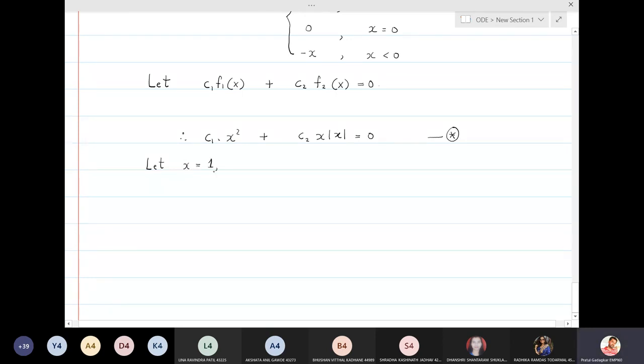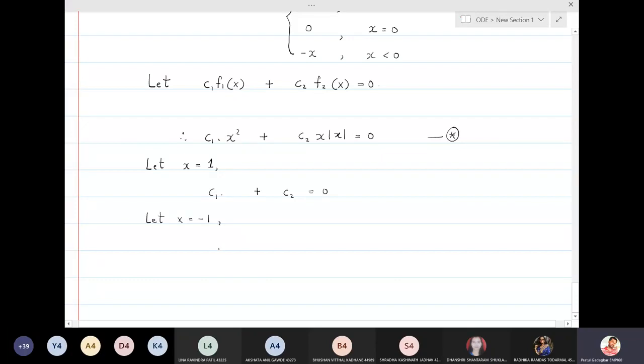So what will I get? For a positive number, C1 into 1 square plus C2 into 1 into mod of 1, which will be again 1. So this means C1 plus C2 will be equal to 0. So I'm getting one equation. And if I put x equal to minus 1, what will I get?